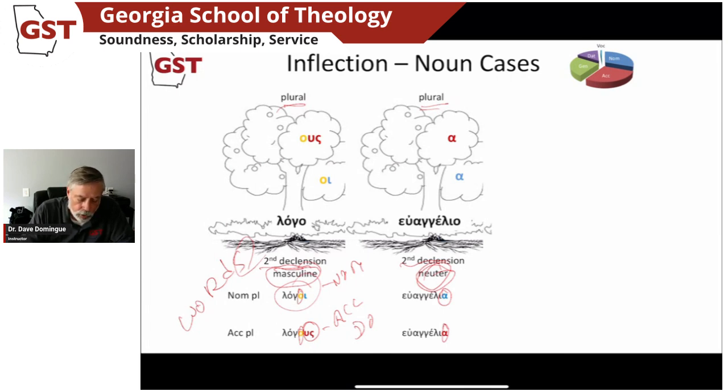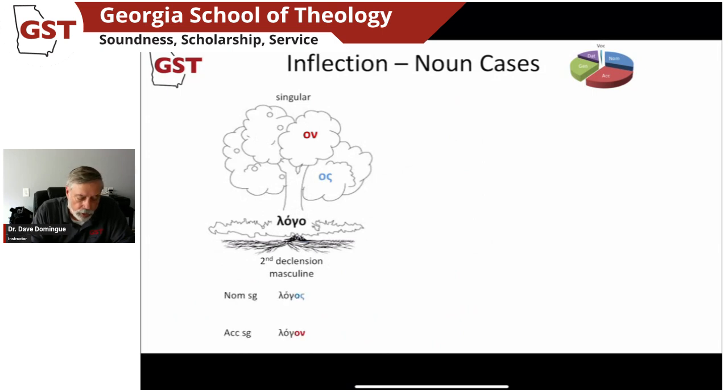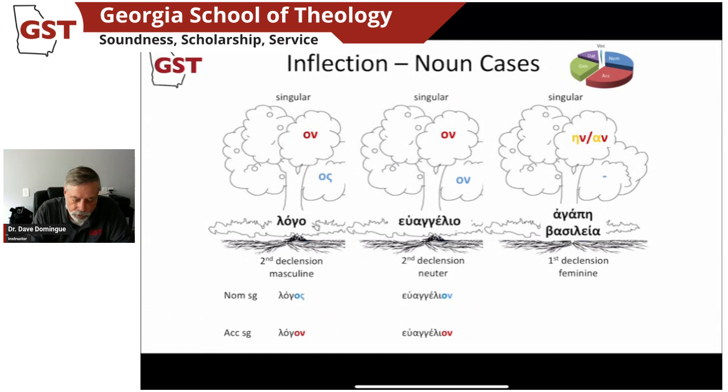It's going to follow a specific pattern for neuter words in the second declension versus masculine words in the second declension plural. All right. So we're going to do the same thing now, and we compare with, let's see, I think it pulls it all up, if I remember right. Yeah, I thought so. All right.